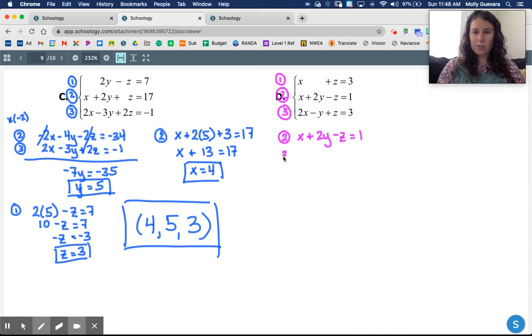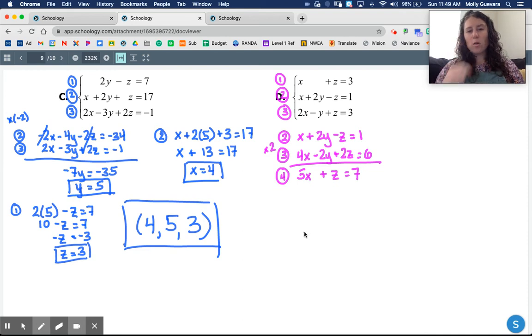And then for 3, in order to eliminate the y, I would need this to be a -2. So I have to multiply by 2. So that gives me 4x minus 2y plus 2z equals 6. So you have to multiply everything by 2. That gets me 5x plus z equals 7. And there's my equation 4.